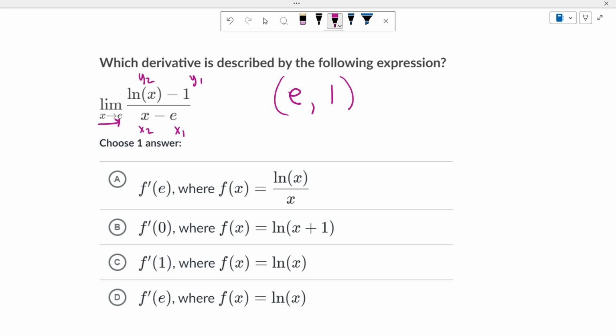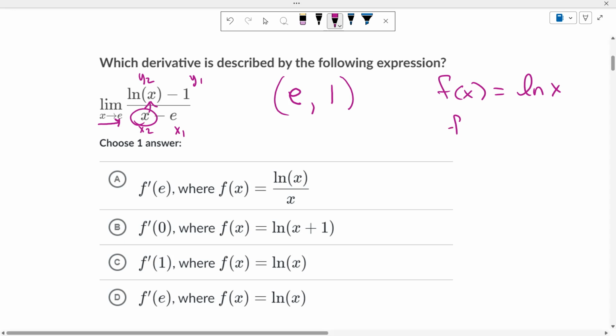So what we're being basically told here is f of x equals the ln of x. This is leading to this. So f of e is the ln of e. What's the ln of e equal to? 1.